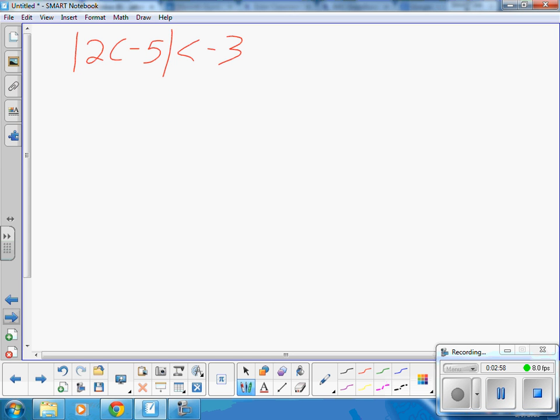All right, for those people who struggled very hard at working this problem out, remember, absolute value cannot be less than a negative 3. Your answer is empty set, no solution. Again, the absolute value of anything cannot be less than 0. So it cannot be less than a negative 3. You did a lot of extra work. Next example.